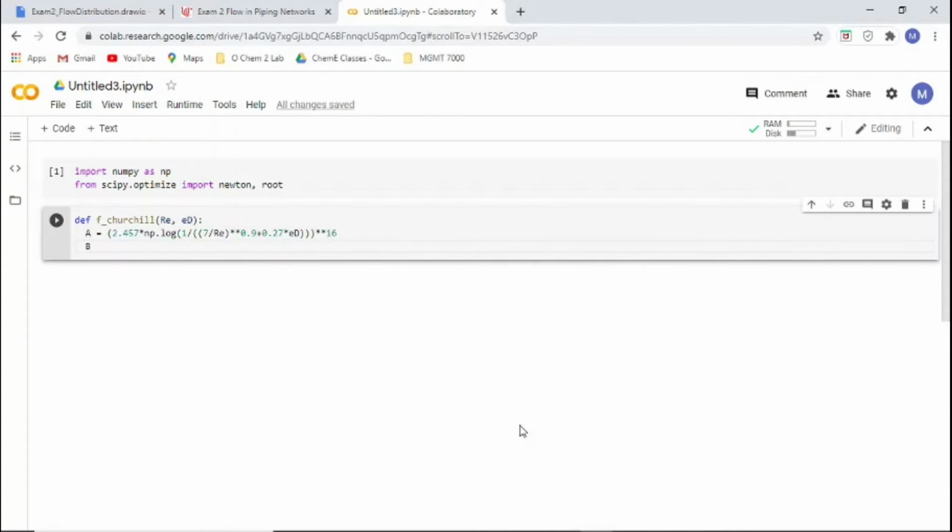And then B is going to be equal to 37,530 divided by the Reynolds number, all to the 16.